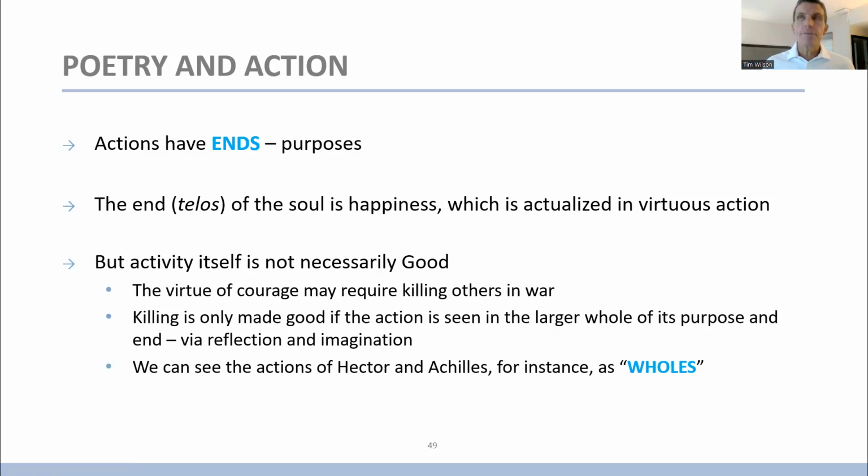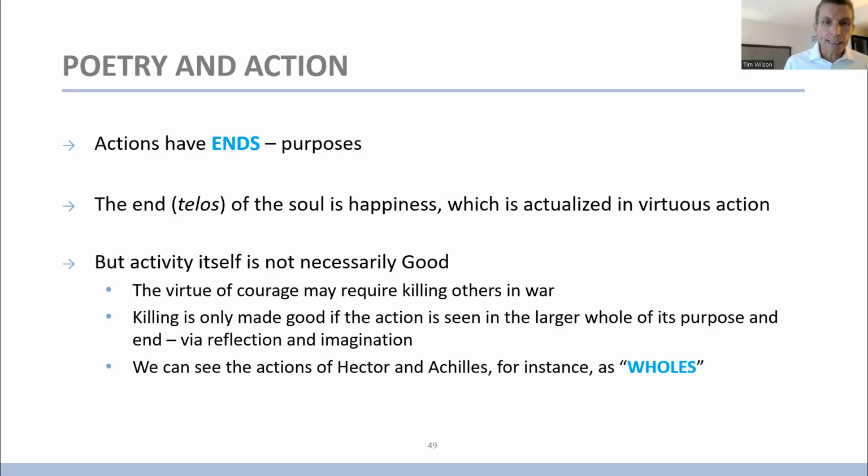The activity itself is not necessarily good. For instance, the virtue of courage may require killing others in war. So the act of killing someone is not what is virtuous. It's only made good as an action seen in the larger context of the whole, its purpose, its end, and we only see that via reflection and imagination.